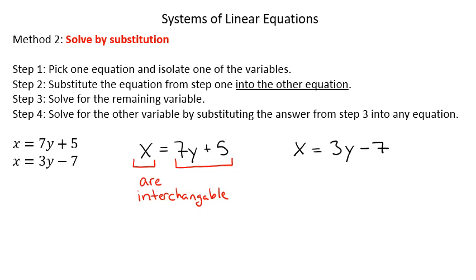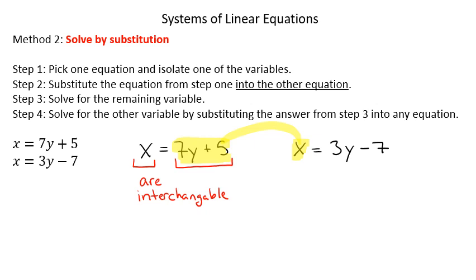So what we're going to do is take the 7y plus 5 and replace it for the x. And we could do this because 7y plus 5 is equal to x.